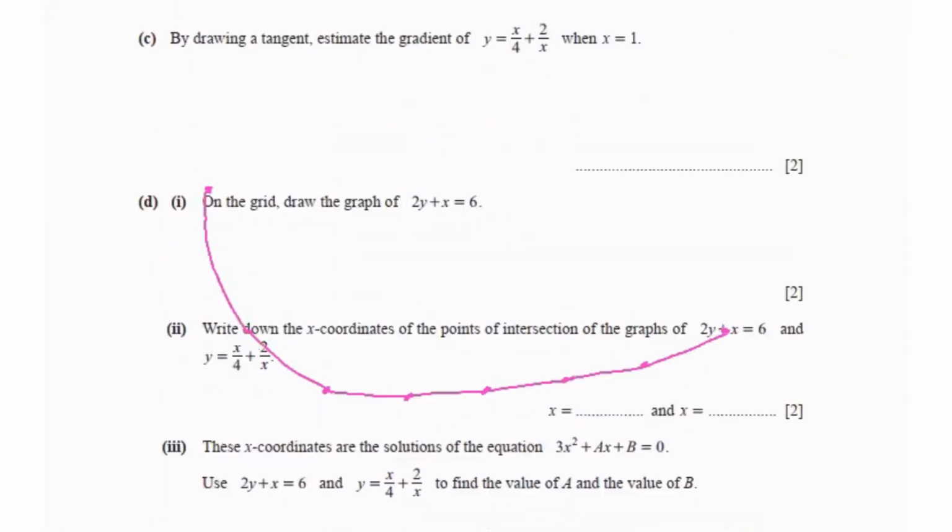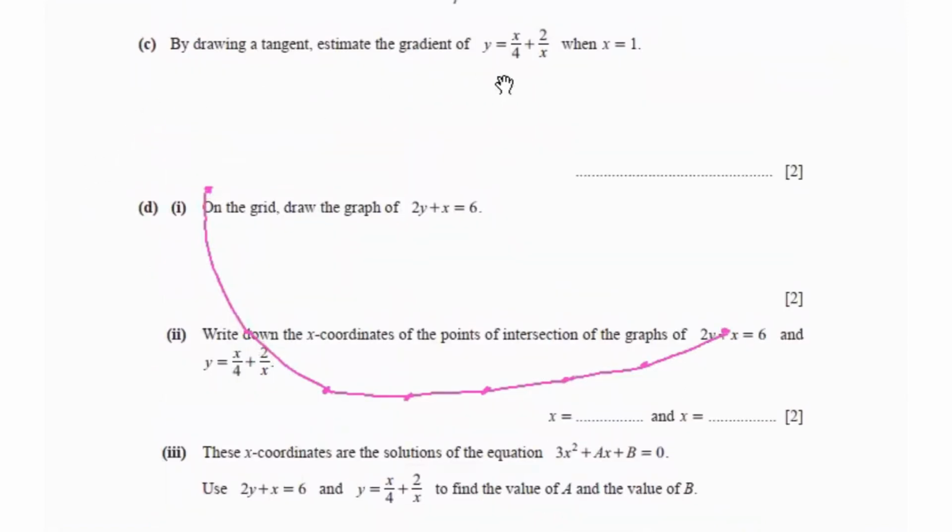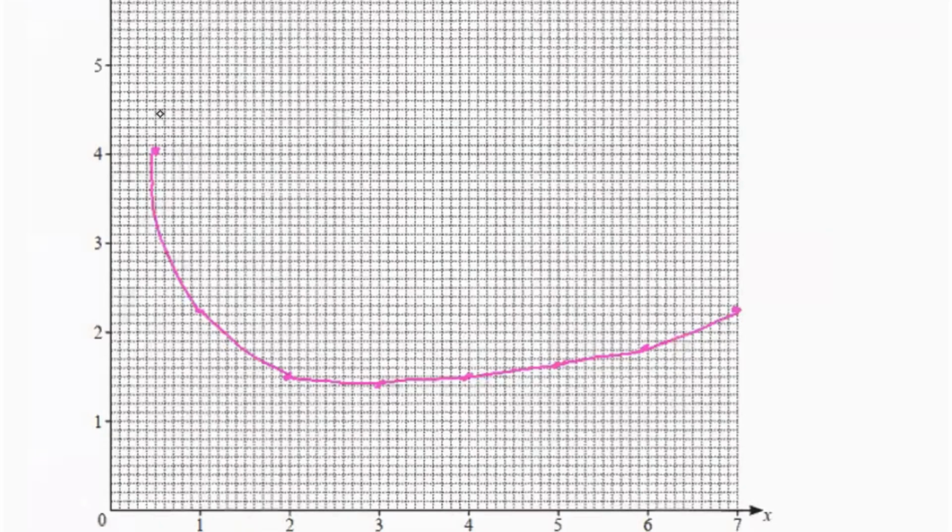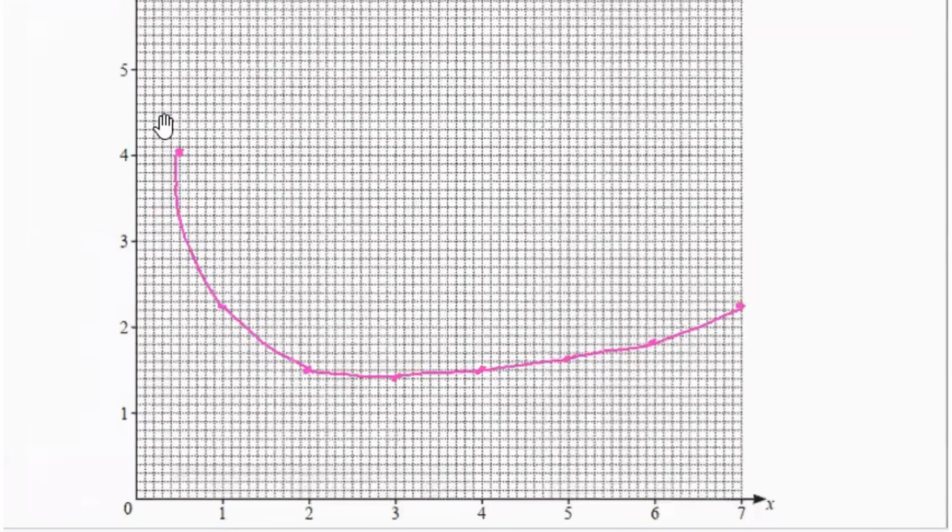That is the graph. By drawing the tangent, estimate the gradient of y equals x over 4 plus 2 over x when x equals 1. Okay, so let's draw a line at x equals 1. So we draw a line over here. So the gradient at this point, I'm going to pick 2 points.